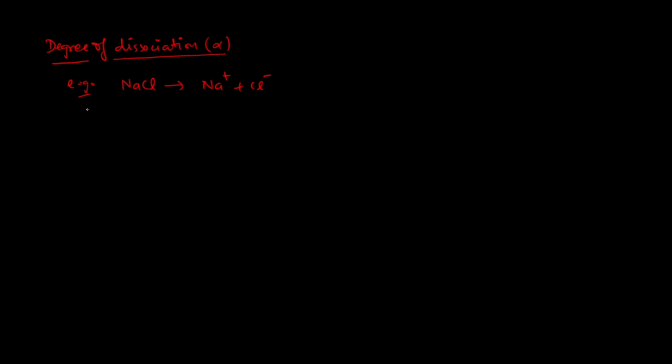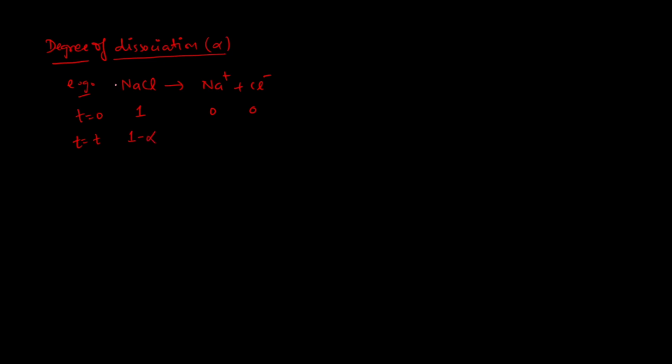Okay. So initially, if t is equal to 0, that means the reaction has not started yet. At that moment, the concentration of NaCl is 100%, that is 1. At that moment, Na and Cl are 0, 0. At equilibrium, at t is equal to t equilibrium, if I take out of 1 mole, alpha moles are dissociated.